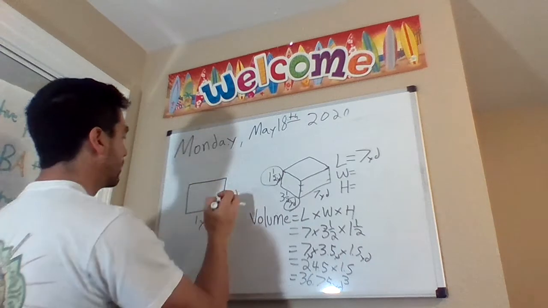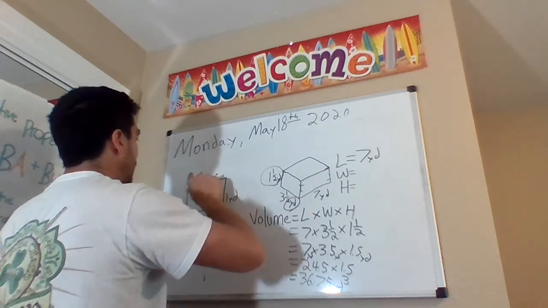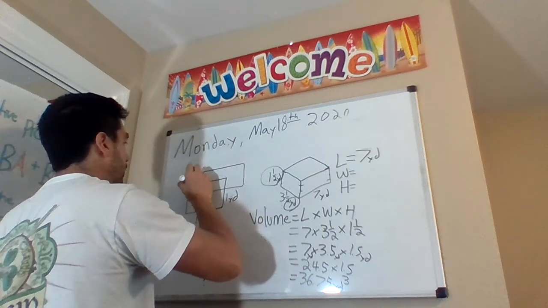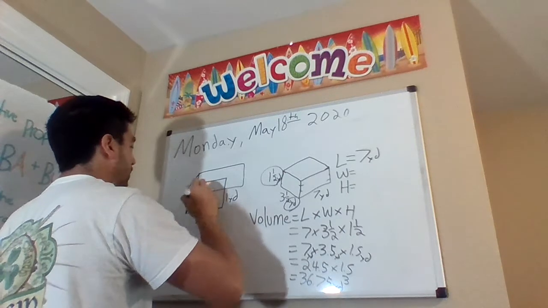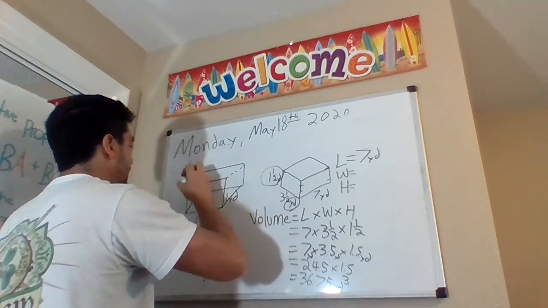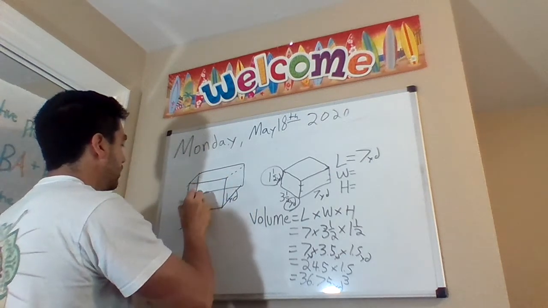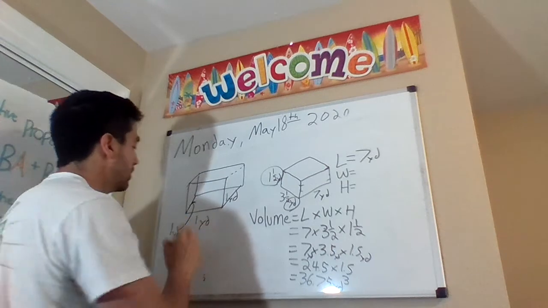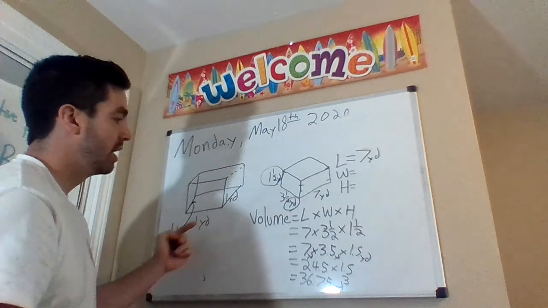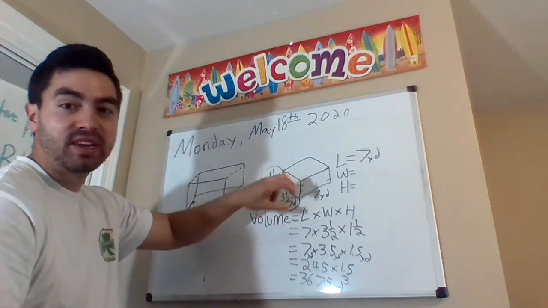It's going this way. Here's another way I could do it with like a 3D drawing. And pretend that this is kind of like projecting outwards as its height. And then this dimension right here that's coming out towards you, that's another yard. So it's a yard by a yard by a yard. And in this shape right here, there's 36.75 of them fitting inside.